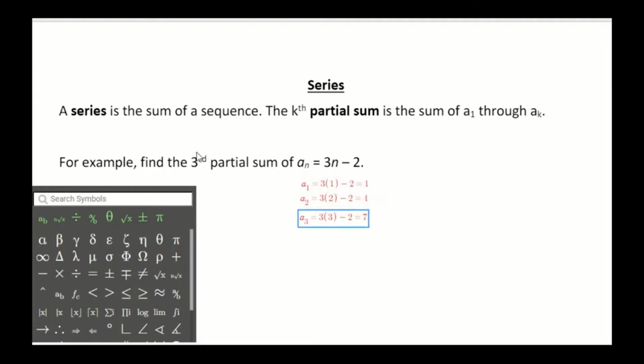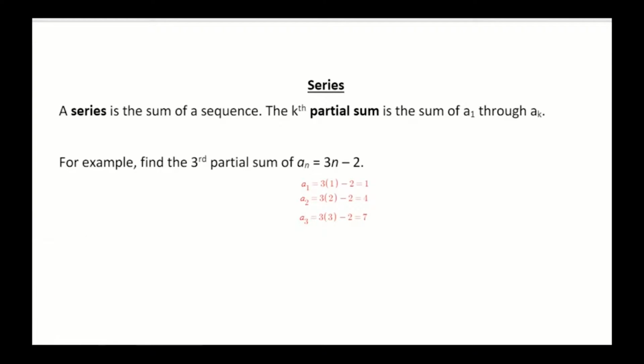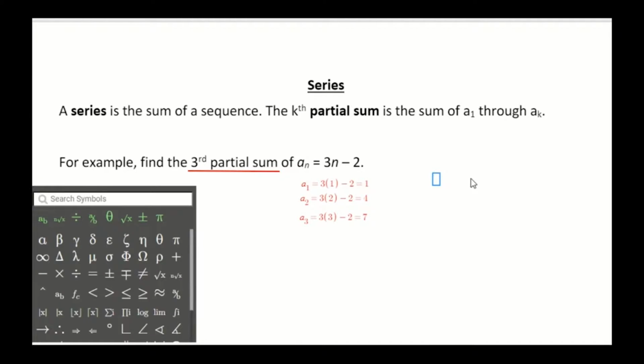And so when I'm asking for the third partial sum, what I'm really asking for is the sum of the first three terms. So the third partial sum would be a sub 1 plus a sub 2 plus a sub 3.